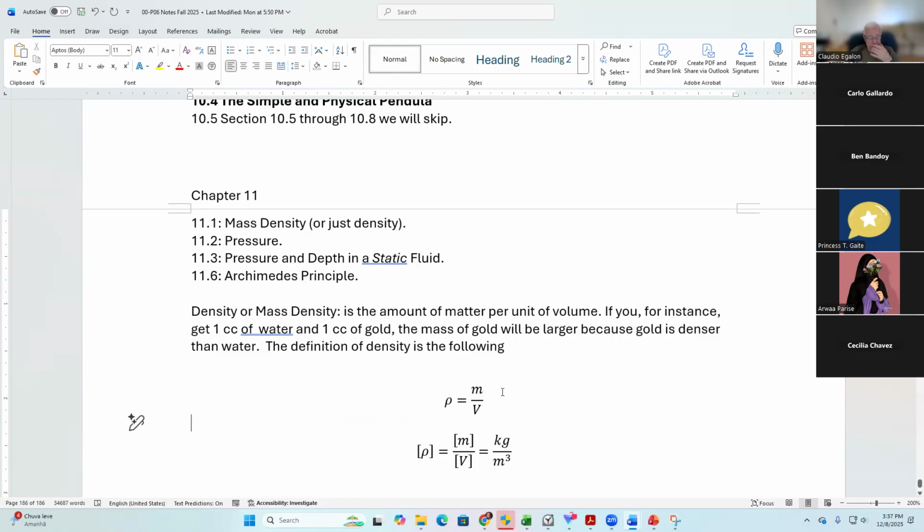In the very first lab, we were working with the spheres, right? And the mass density is what? Mass of the object divided by the volume. The unit of measurement is the unit of mass divided by the unit of volume.